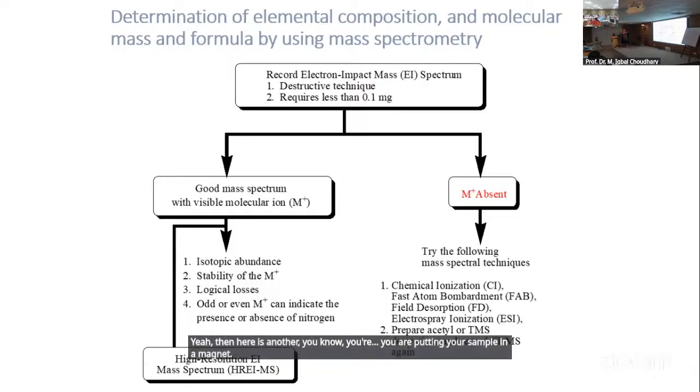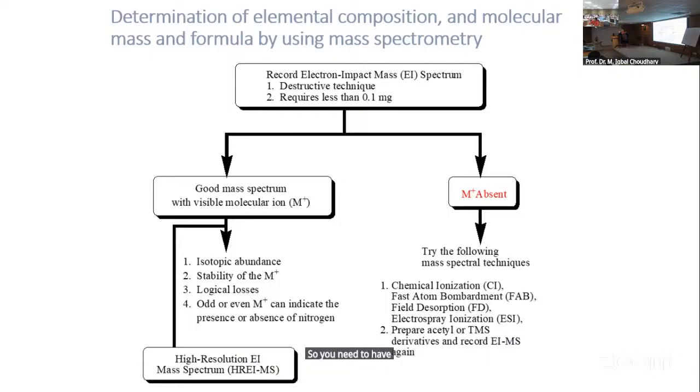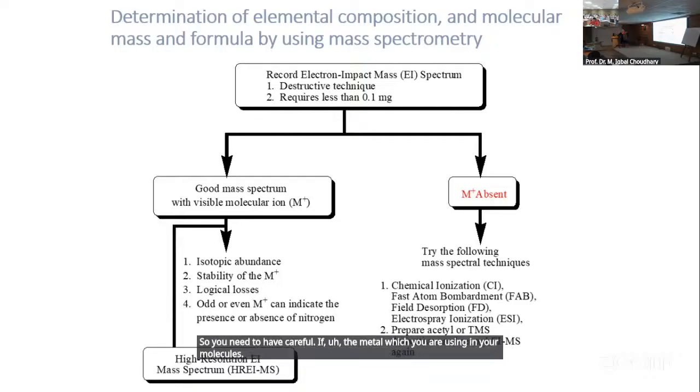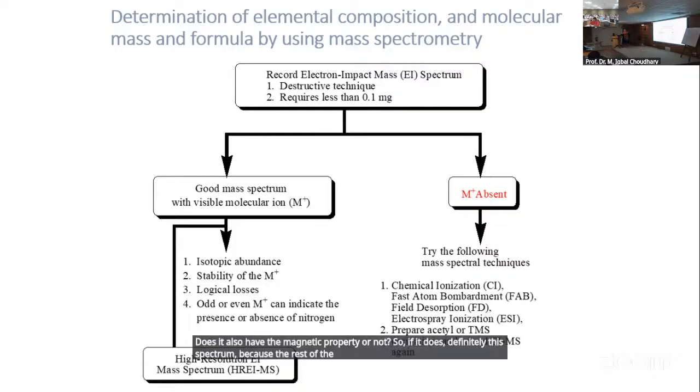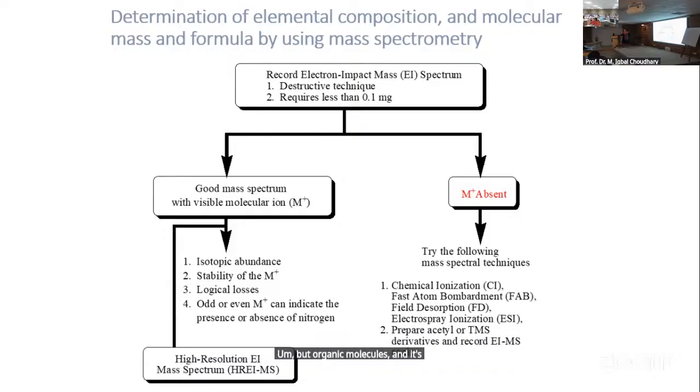So you need to be careful whether the metal you are using in your molecule also has a magnetic property or not. If it does, definitely the spectrum will be affected, because the rest of the molecule is an organic molecule and it's a complex with a metal.